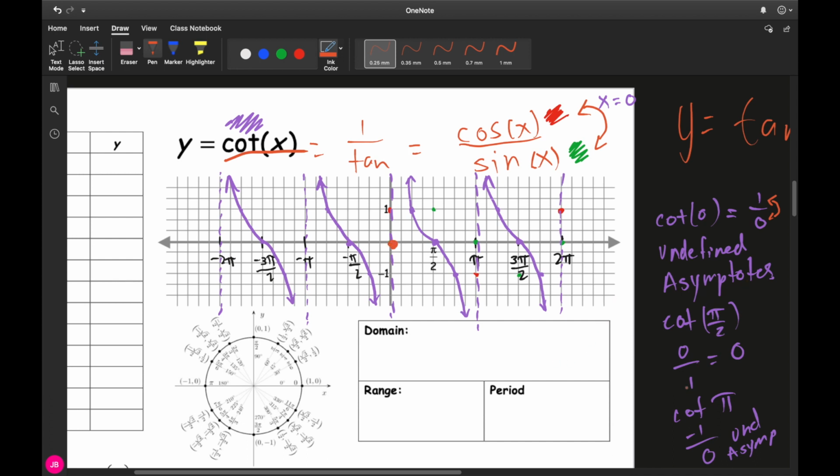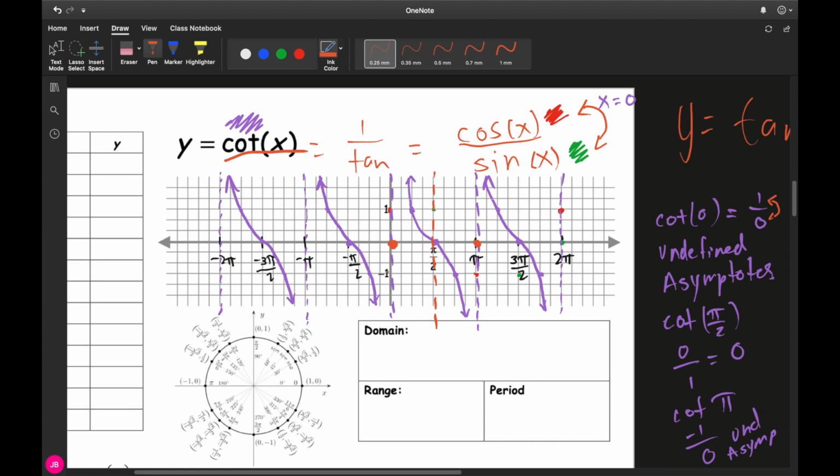And then over here, where we have zeros instead, we would have asymptotes. And down here, this is another asymptote, but instead we flip it, so we would have another 0 at pi.